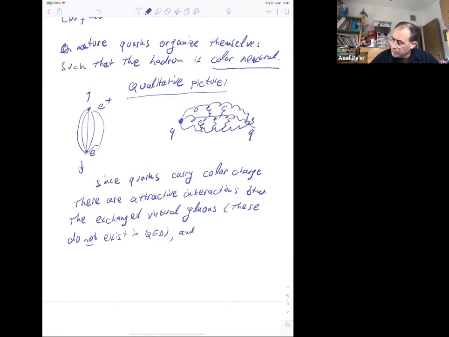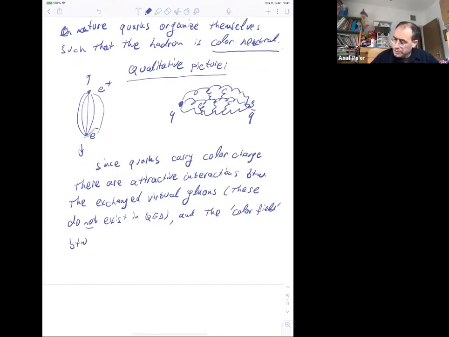And the color field between the quarks is squeezed into a tube.